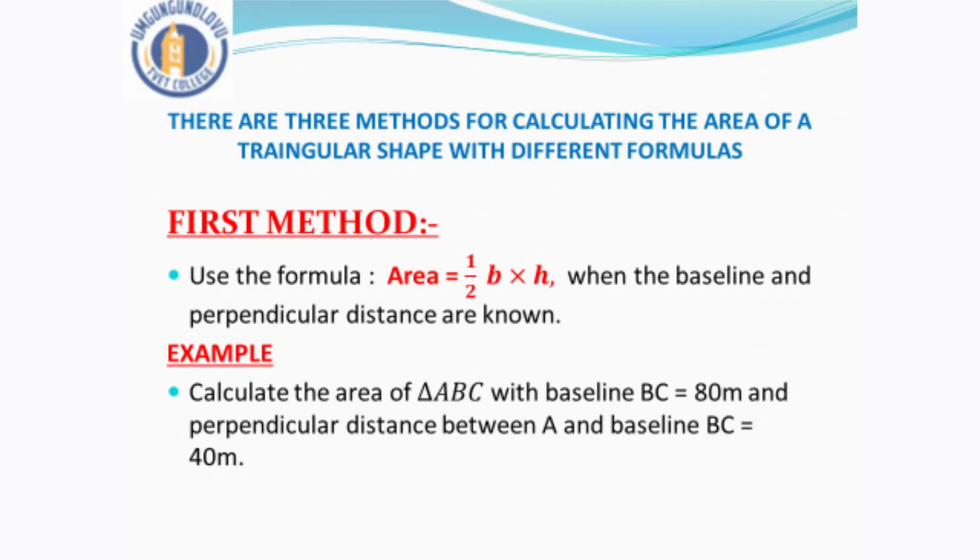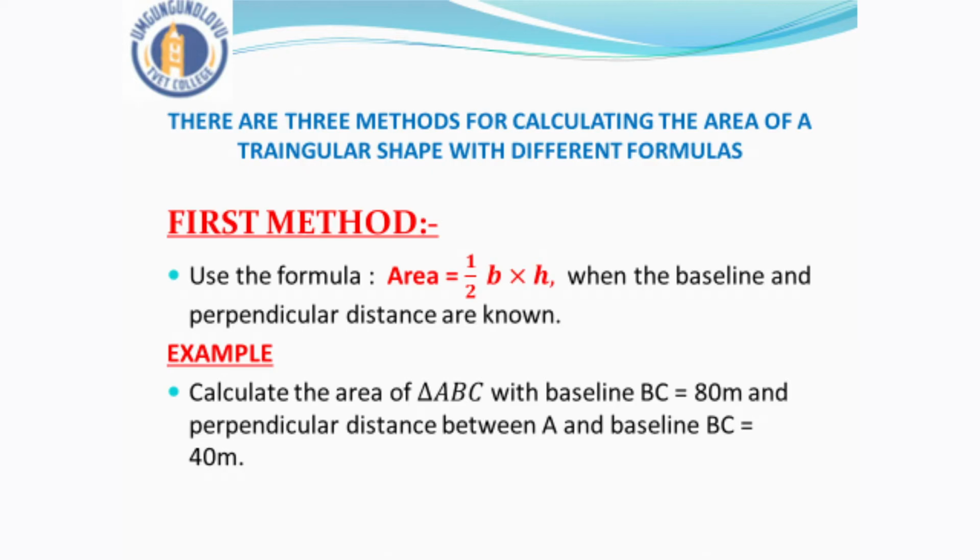Okay, so let us first look at the first method. We use the formula area is equal to half breadth times height when the baseline and the perpendicular distance are known. Okay, let us look at the example so that you will find what is being required here.